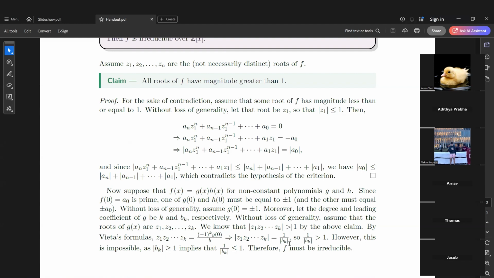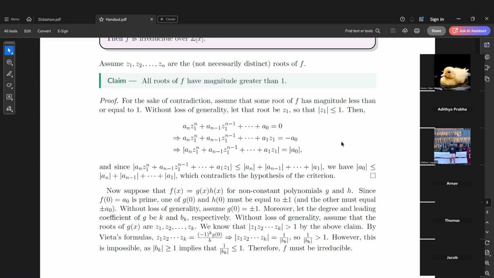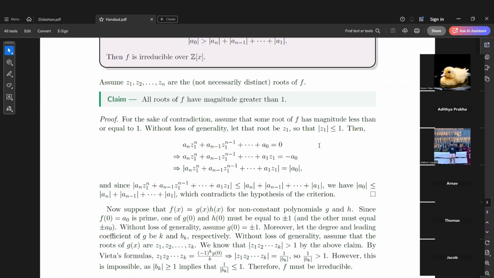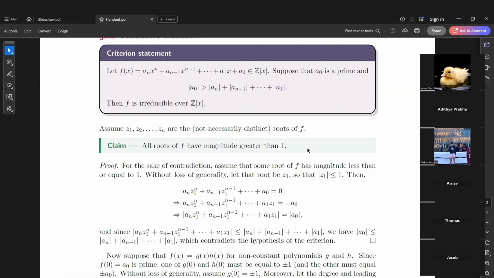However, since we know that the absolute values of the coefficients must be at least 1 or 2 or 3, that implies there's a contradiction, because by Vieta's formulas, we have this value is greater than 1, which means that bk is less than 1, which contradicts our assumption that it's factored over Z. So that means f must be irreducible. And that follows a similar thought process for Perron's criterion as well.